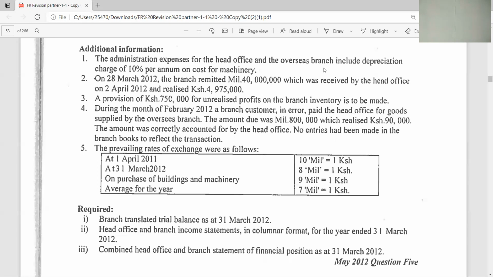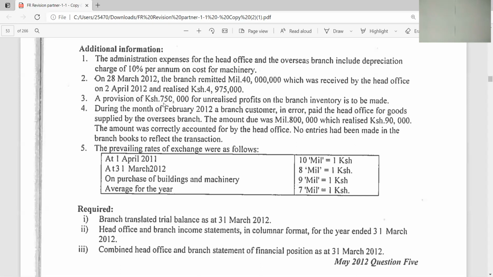But it was received on 2nd April, which is after the financial year has ended, two days after, to be specific. So by the end of this year, this amount of 40 million Miri was in transit. That is cash in transit. It had not been received by the end of the year, but it was received two days after the financial year.